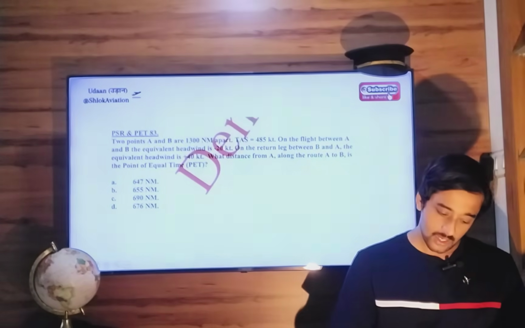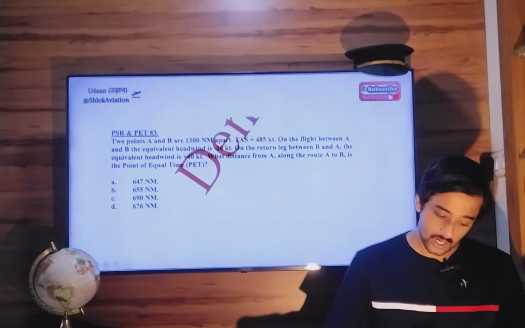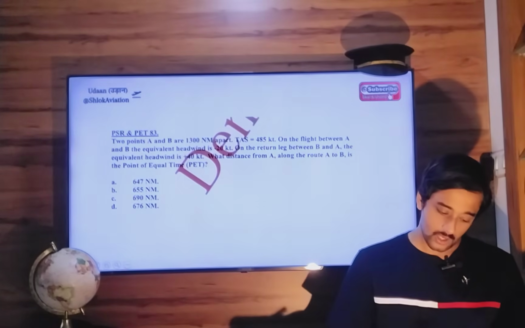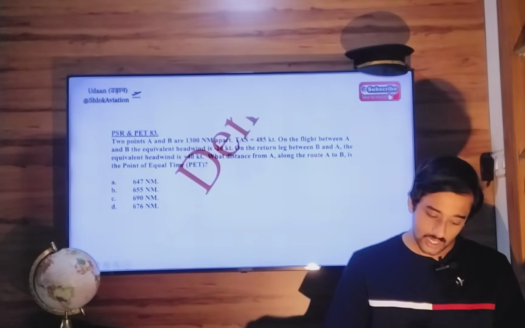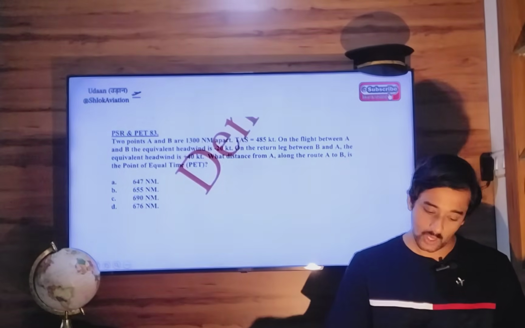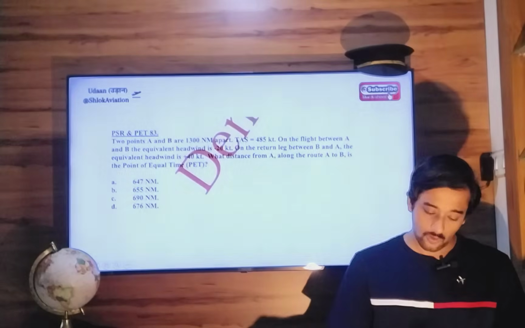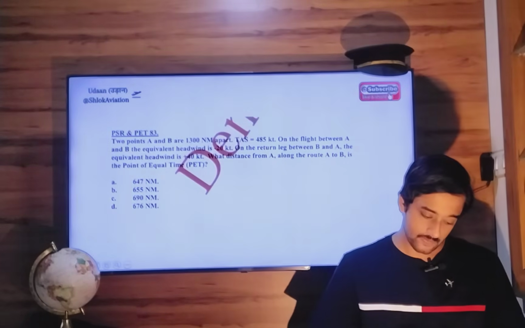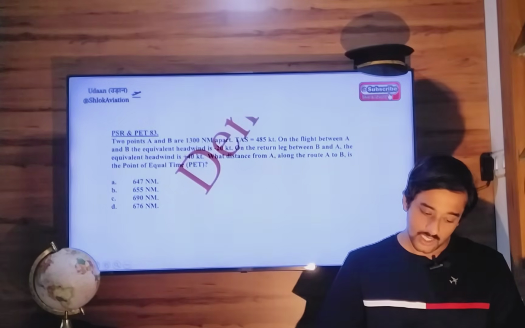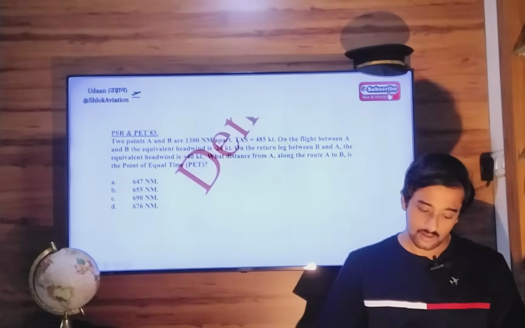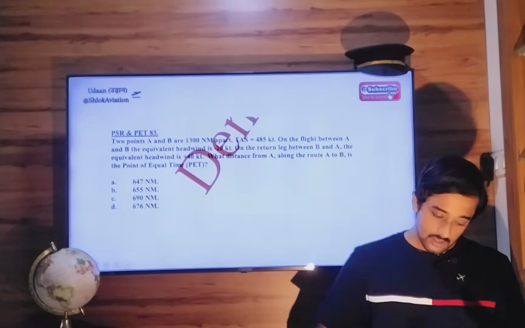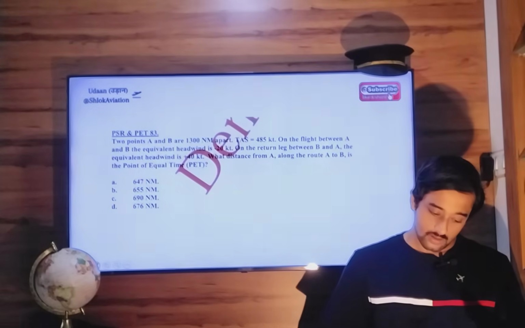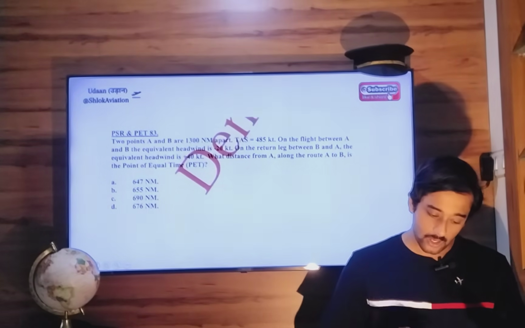83. A and B are 1300 miles apart. TAS 485 on the flight from A to B. Headwind is minus 20. On the return leg B to A, headwind is plus 40, means you are getting a tailwind. What is the distance from A that the point of equal time is located? So distance to point of equal time.